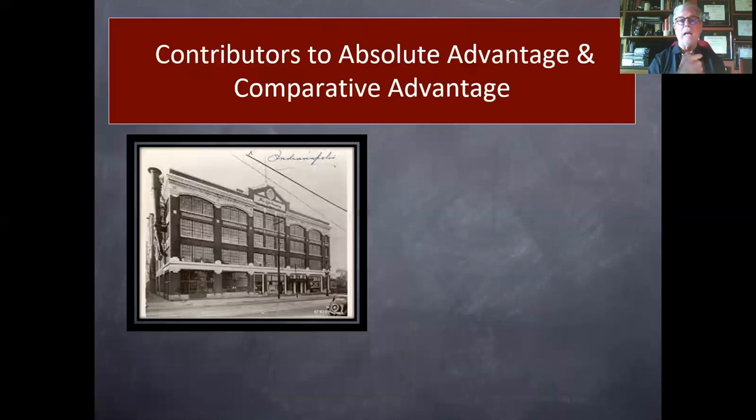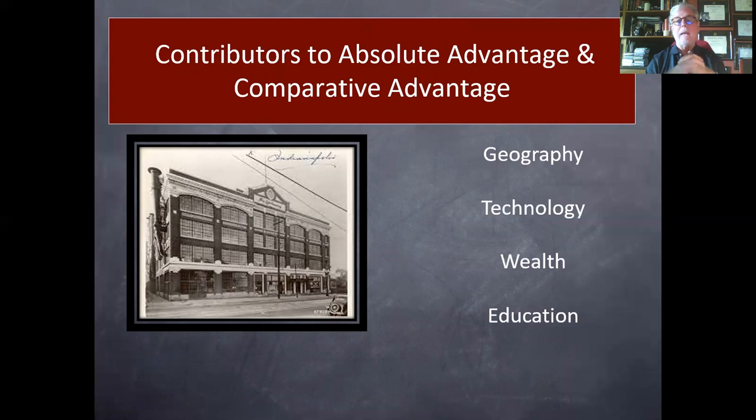If you take a look at absolute advantage and comparative advantage, here's Henry Ford's plant on the Rouge River in Detroit, Michigan. They had the right inflow of products because the river was there, and coal and steel and goods to be manufactured in wood was delivered on those barges.